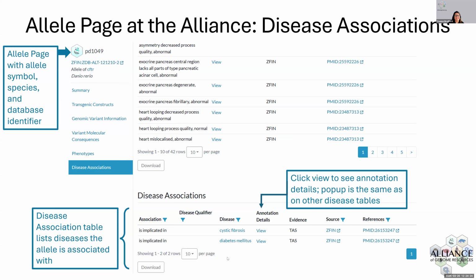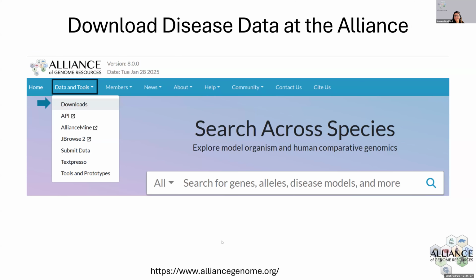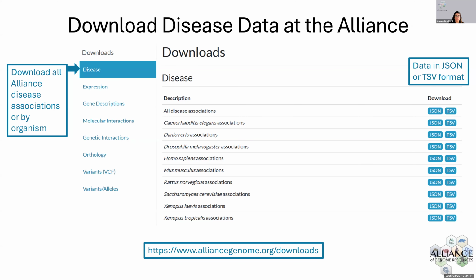Okay, now we want to download disease data from the Alliance. To do that, you can go to the Alliance homepage, click on data and tools, and go to the downloads page. That takes you to this page, which has downloads for various data types. We're going to focus on disease.